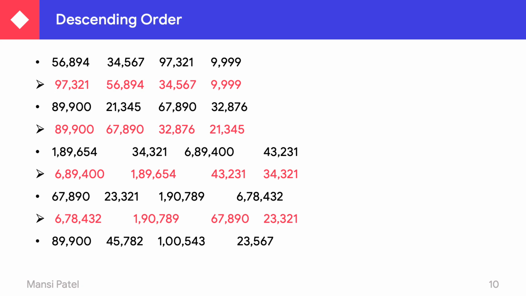Among all these, which one is the biggest number? 1 lakh 543 is the biggest number. Then after that 89,900 is the biggest. Then after that 45,782. Then after that 23,567.